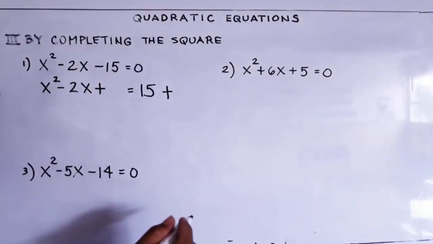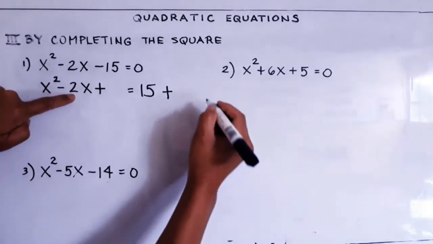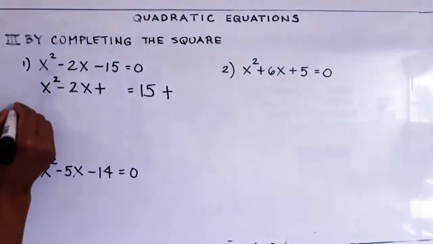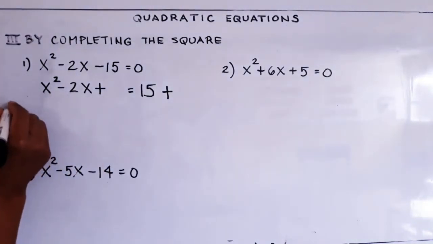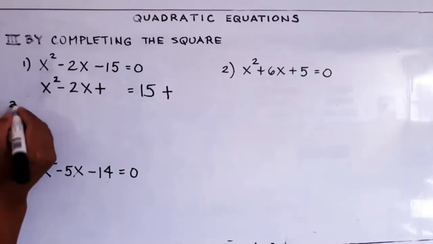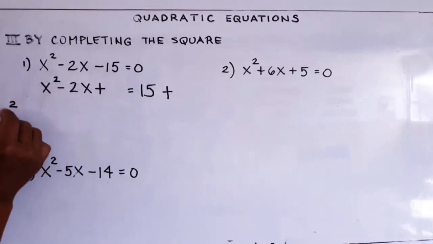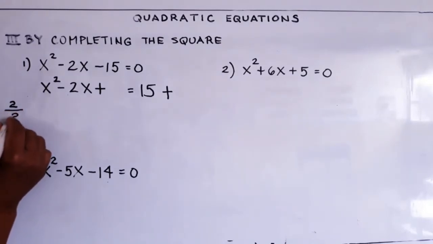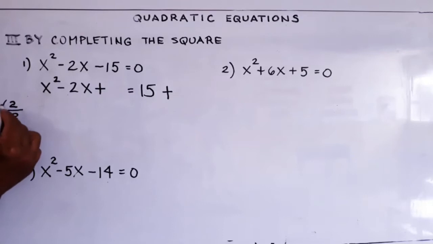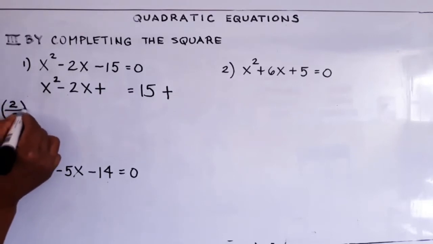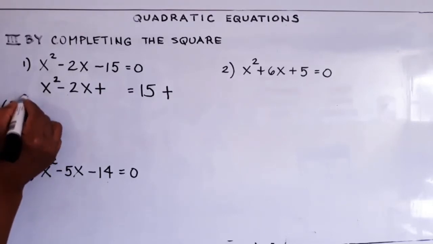So that one is 2. What are we going to do with the 2 here? We always divide it by 2, and then we raise the quotient to the second power.